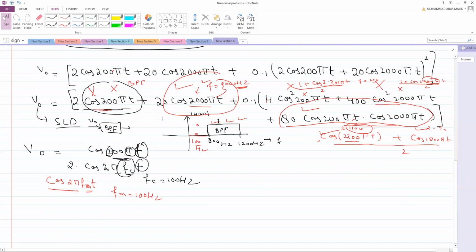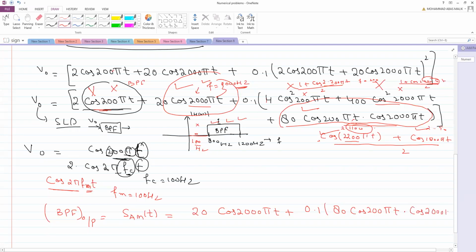Okay, so the output I will write here. The band pass filter output is equal to your SAM signal, meaning your modulated signal. You will get 20 cos of 2000 pi t plus 0.1 into 80 cos of 200 pi t into cos of 2000 pi t.